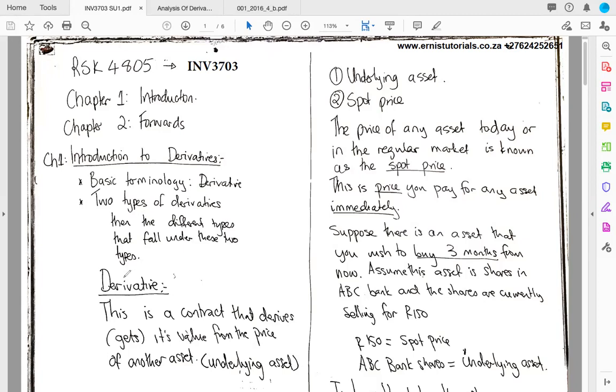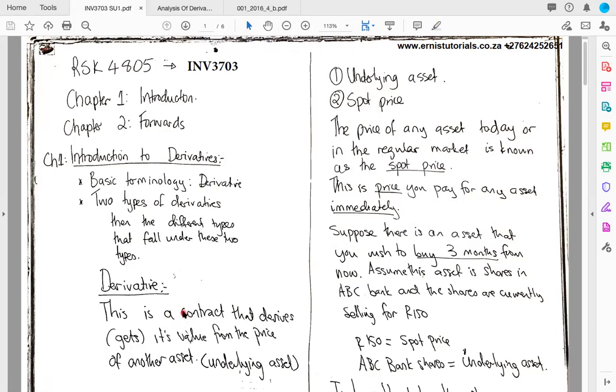Okay. So this is how we define a derivative. This is a contract. It's a special type of contract that derives, meaning that it gets its value from the price of another asset. Okay. So let me just repeat that.